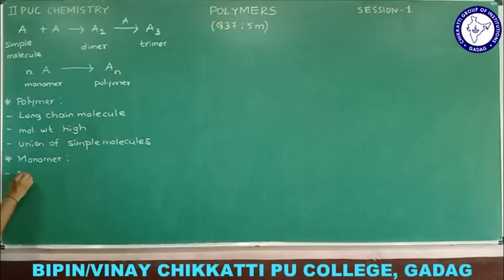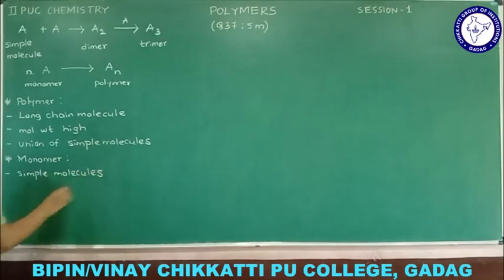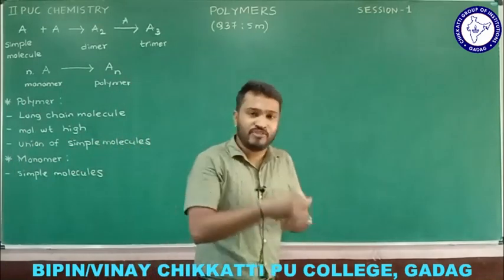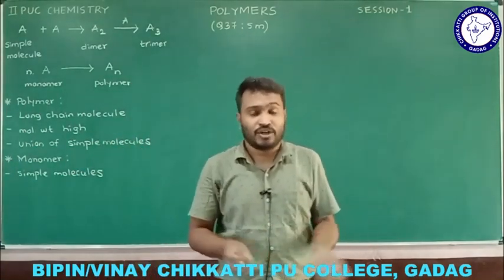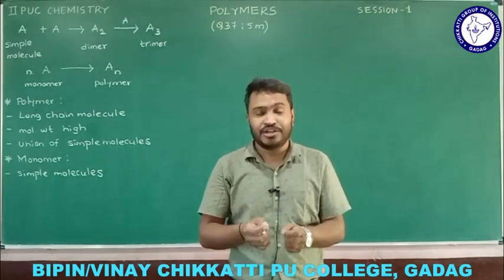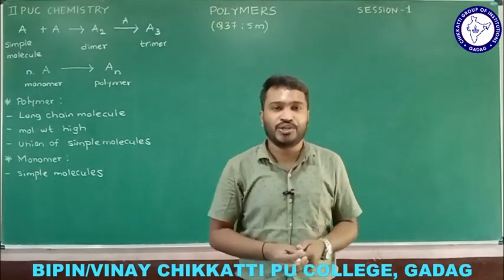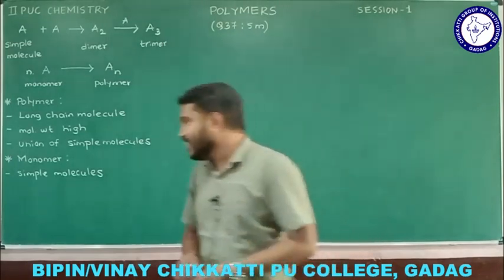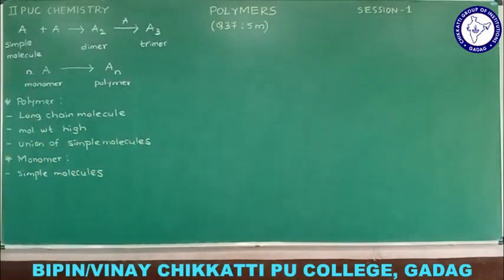So monomers are nothing but simple molecules, and you can define monomers as the simple molecules from which the polymer is formed. The combination of these simple molecules gives you a polymer, and that simple molecule or single unit we consider initially, we call a monomer. And the large molecule we get from monomers, we call a polymer.